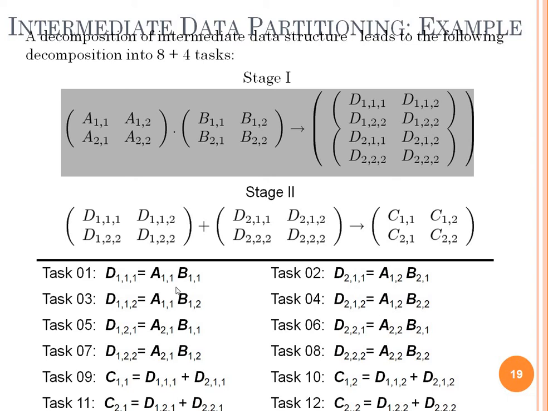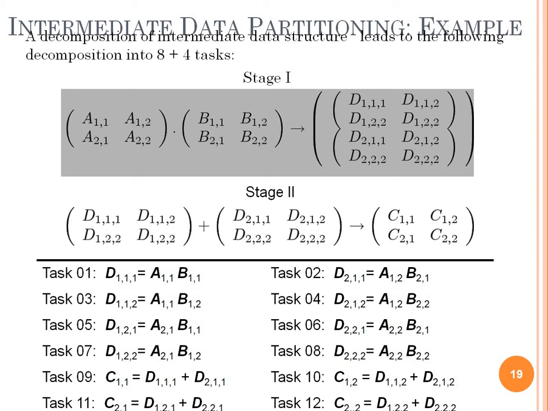So it is A11, B11, a normal matrix multiplication. So task 2, 3, 4, 5, 6 and lastly 12. So in this example, a total of 12 tasks are generated, but it does not happen every time. Tasks are not fixed; they may vary from programmer to programmer.